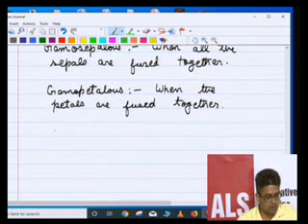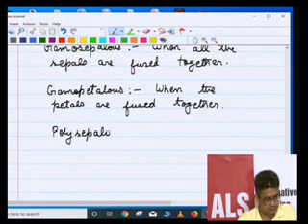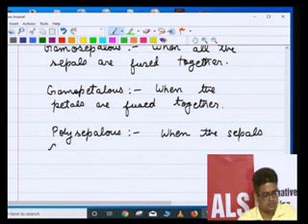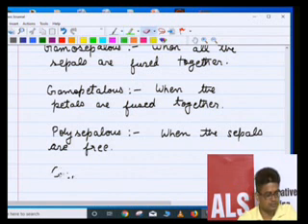Then there is a term called polysepalous. Polysepalous is when all the sepals are free, not united, not fused.